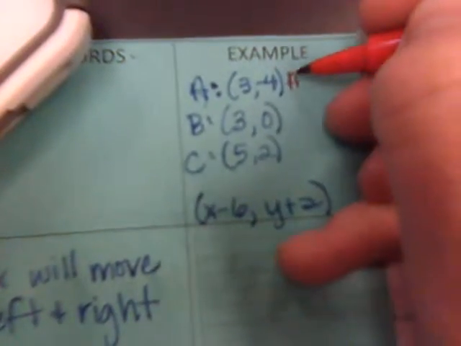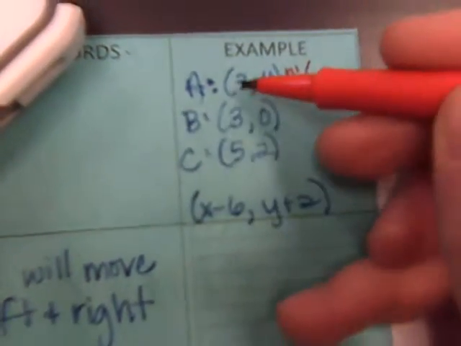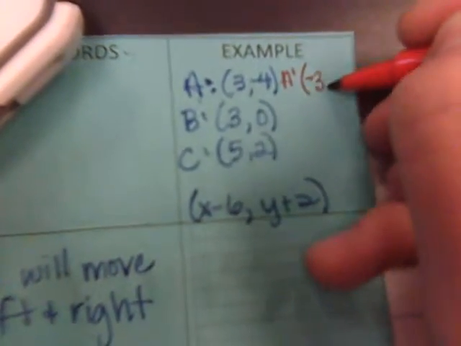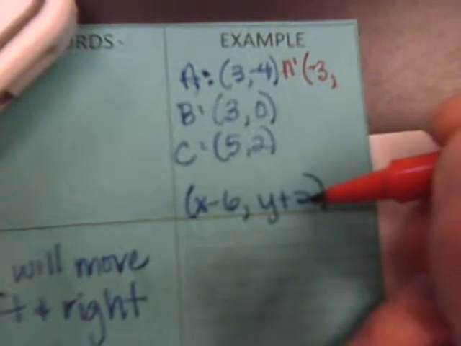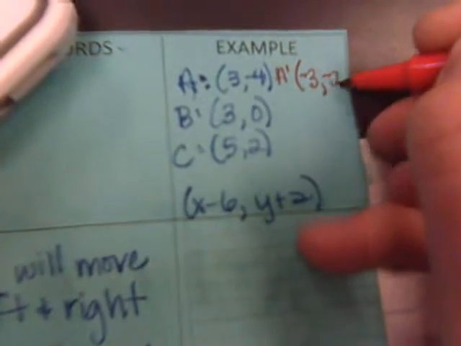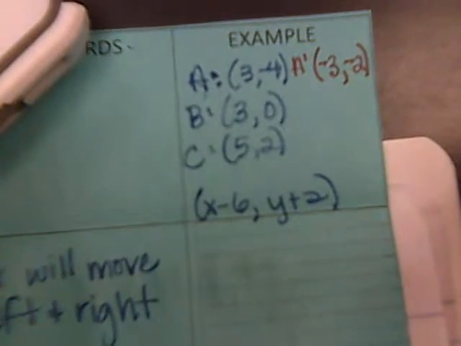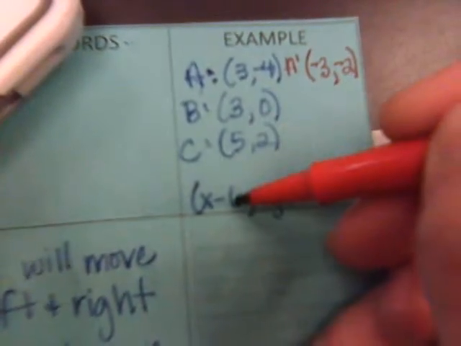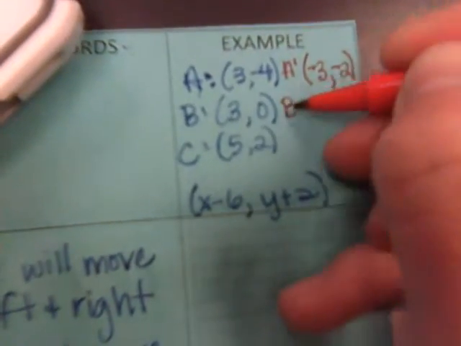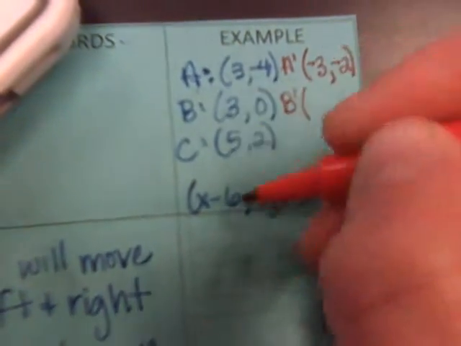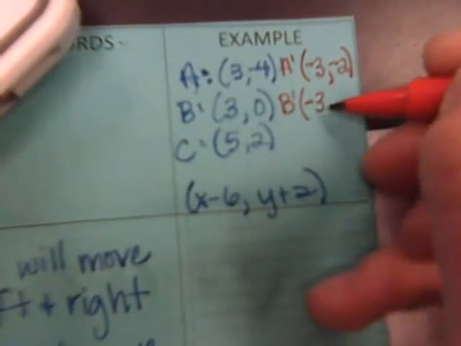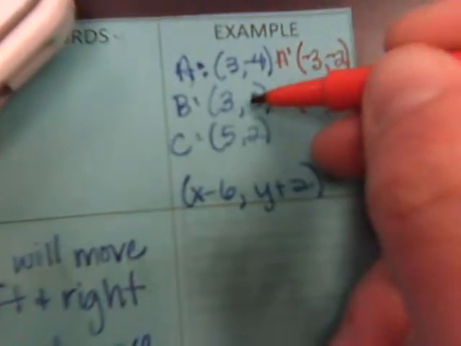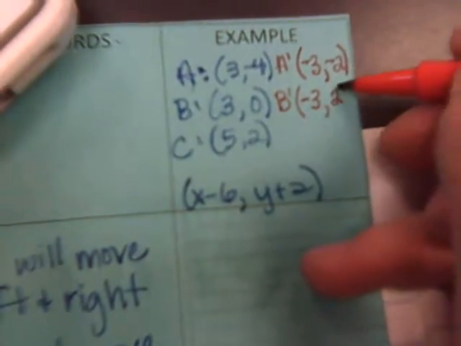So 3 minus 6 would be -3. -4 plus 2 would be -2. There's my new point. There's A prime. Now I'm going to do the same thing with the second part. 3 minus 6, this is B prime. 3 minus 6 is -3. 0 plus 2 is 2.